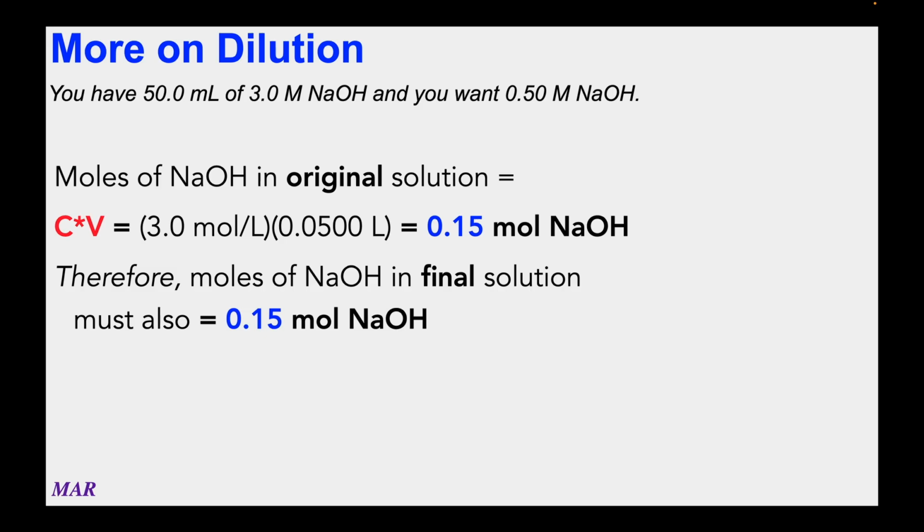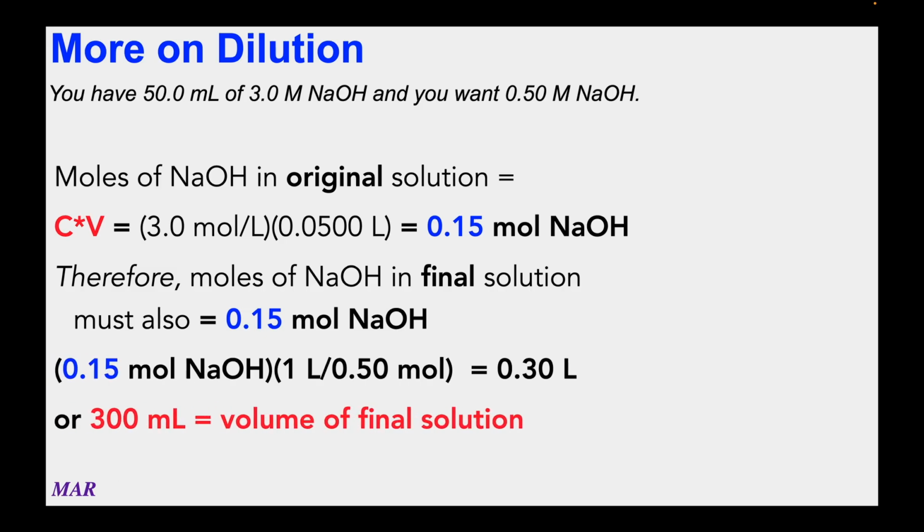And since big M is moles per liter, and we want 0.50 moles per liter, let's take the 0.15 and divide by 0.50 moles per liter. So you can see there moles on the top and moles on the bottom will cancel. We'll be left with liters, and the calculation then comes out to be 0.30 liters or 300 milliliters.